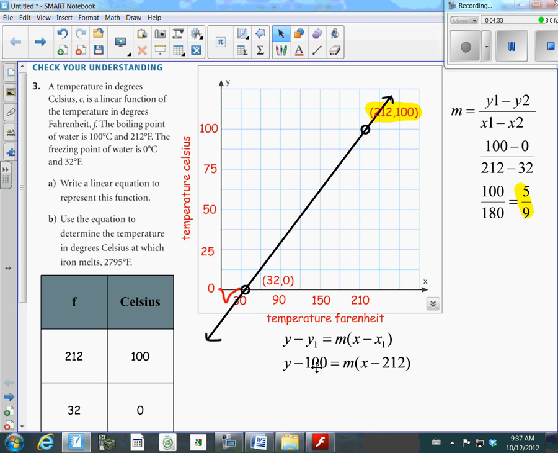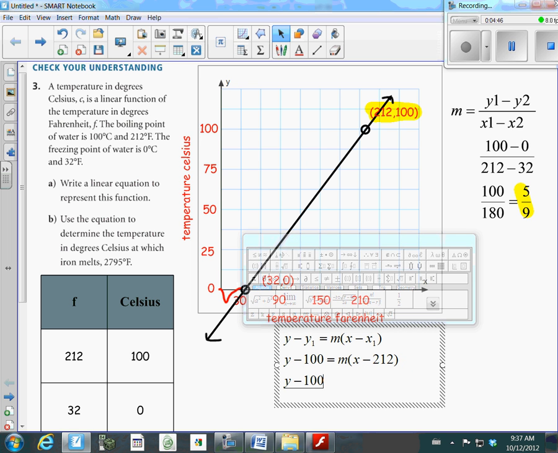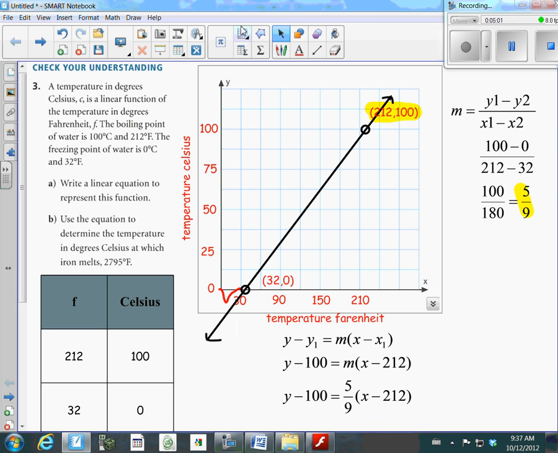So in this question, we have y take away 100 is equal to slope multiplied by x take away 212. So now we can state the slope, y take away 100 equals 5/9 is what we came up with for slope, 5/9 x take away 212. So there you have it. There's the equation of that line in point-slope formula.